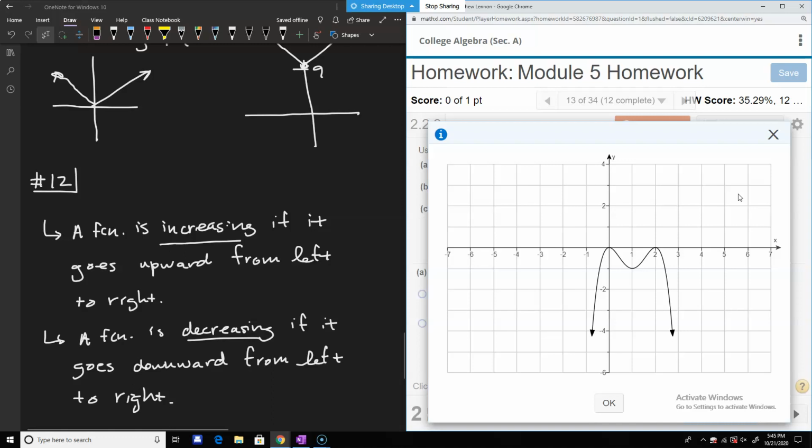And the increasing and decreasing parts are both disconnected. So remember, when you have 2 disjoint sections that you want to talk about as being part of the same solution set, you need to use that U to glue them together when you're talking about your intervals. So when they talk about increasing, we're going to say negative infinity to 0, and then 1 to 2, and then we put the U to glue those together. And then decreasing is going to be from 0 to 1, and then from 2 to infinity.